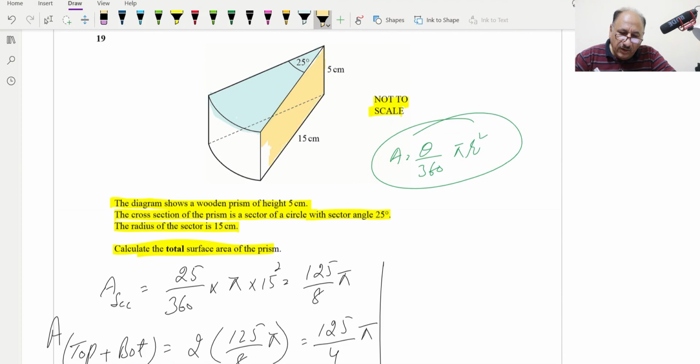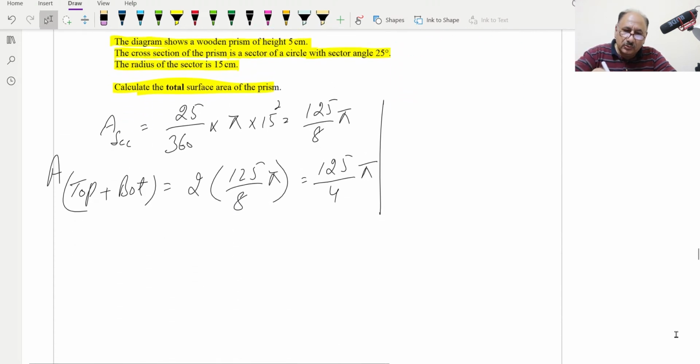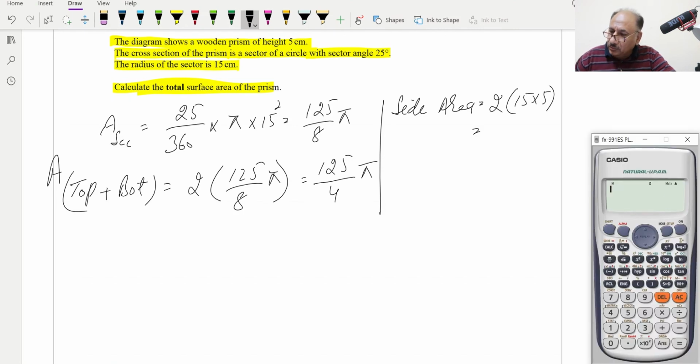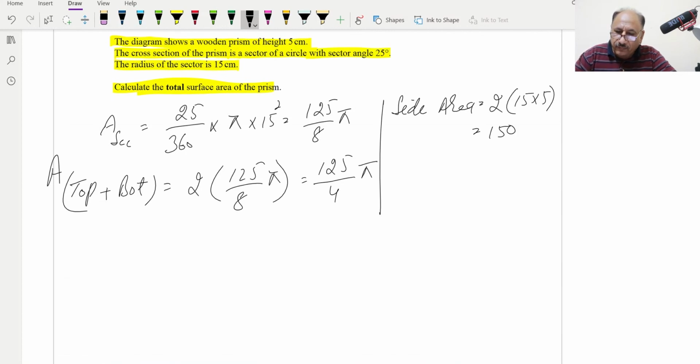Each is 5 multiplied by 15, so side area will be equal to 2 into 15 multiplied by 5, and this will be equal to 150. So 150 will be the area of the sides.